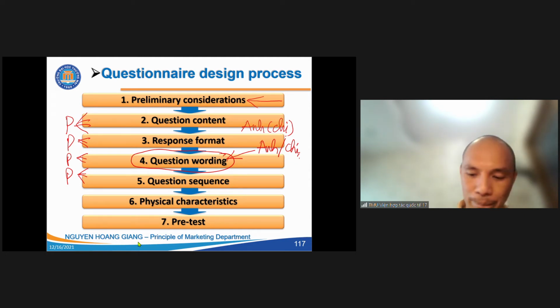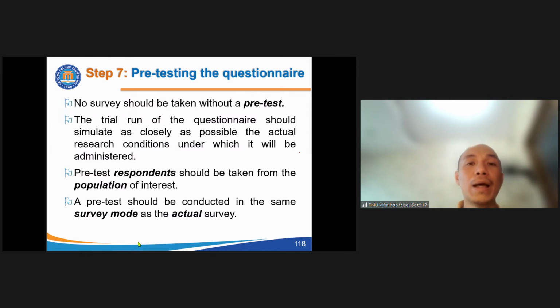And the pretest of the questionnaires is very important, but I think most of the groups in our class pass this, we forget this step. So I told you that some groups in our class or in other classes try to send the questionnaire to teachers.